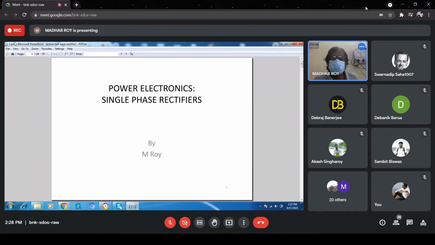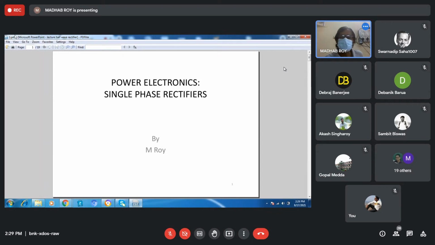So a DC power source is required there, because the DC motor is very good for those types of vehicle applications. I will not go into the detail of the DC series motor and DC motors, because that is a different topic. So now we go to the direct application of the single phase rectifier.